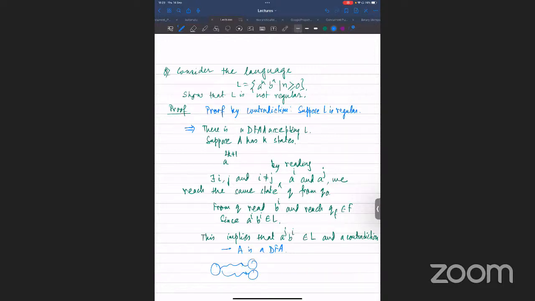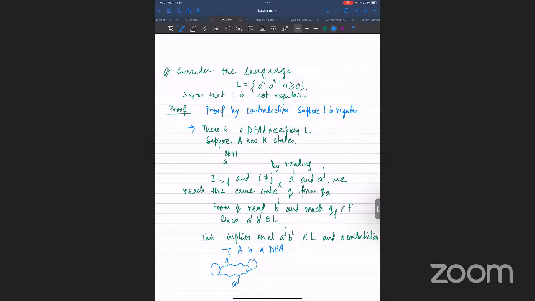Now, I have AI, and even if I consider an NFA, there should exist some J such that I can reach the same state, because the NFA also has finitely many states.